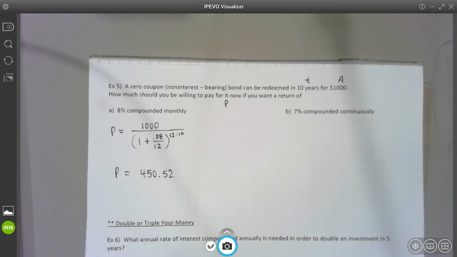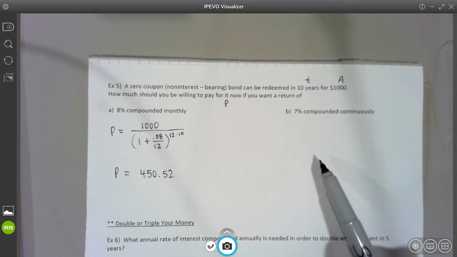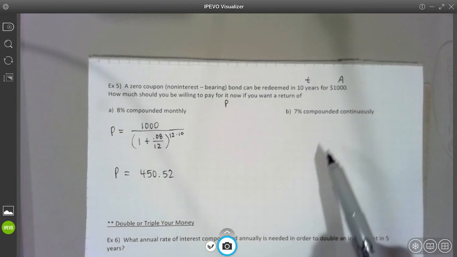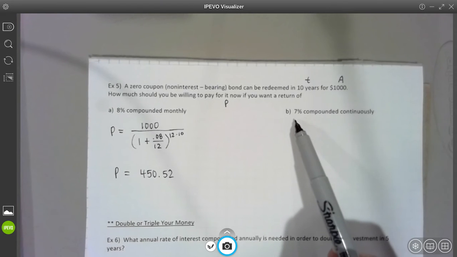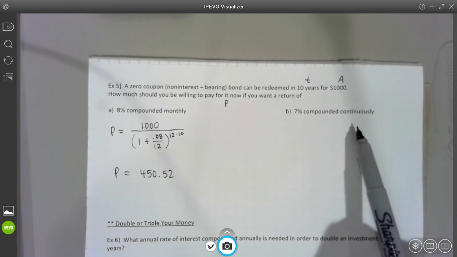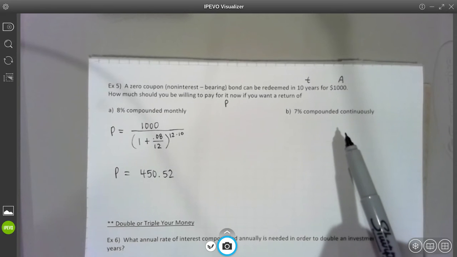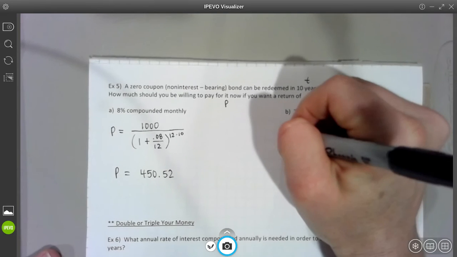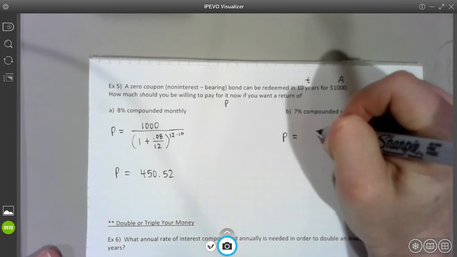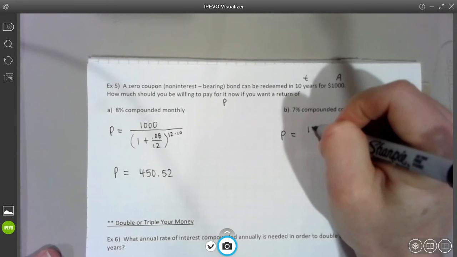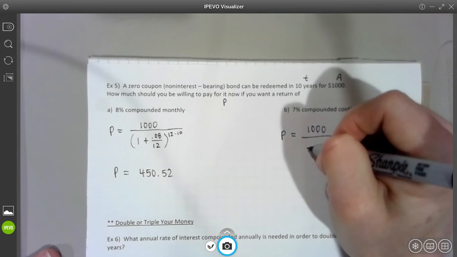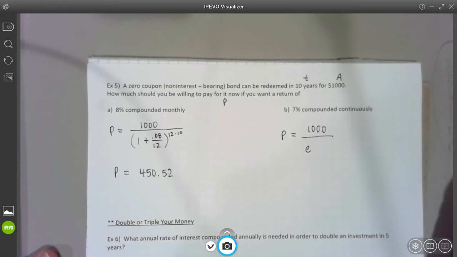Okay, this is the exact same problem, except now what should you purchase it for if you wanted your $1,000 compared to 7% compounded continuously? So you'd obviously have to use the other formula, all right? So P would equal A, which is still $1,000, divided by e to the rt, right?